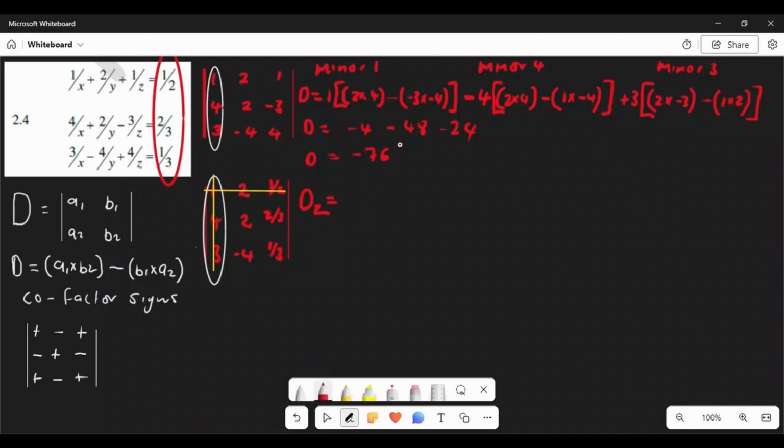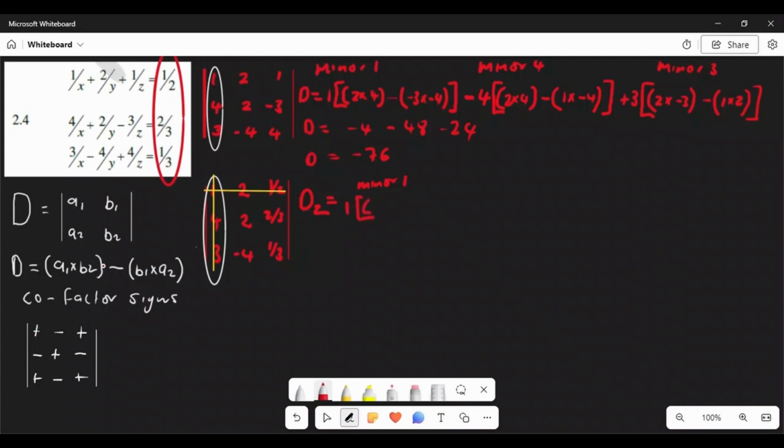Alright, so let's do this. Our minor here is 1. Let me just write minor, which is 1, this one here. At what column and what row is this one? It is the first column and the first row. So the cofactor sign is going to be positive, so it's going to be 1.